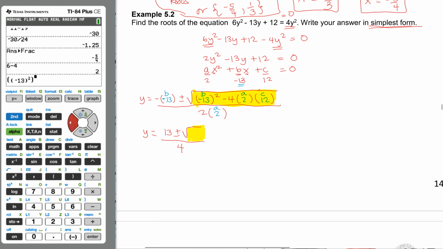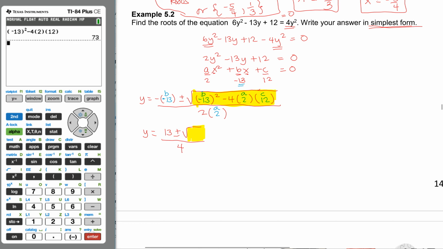Oops, I made a mistake, let me just clear this. So we have parenthesis negative 13 squared minus 4 parenthesis 2 parenthesis 12. Then press enter. So we have here 73.